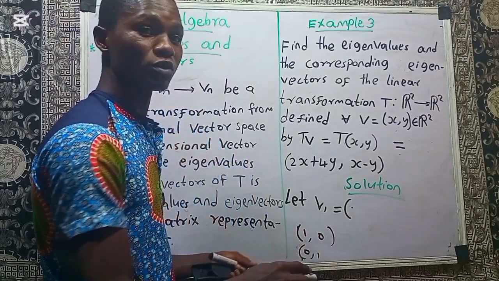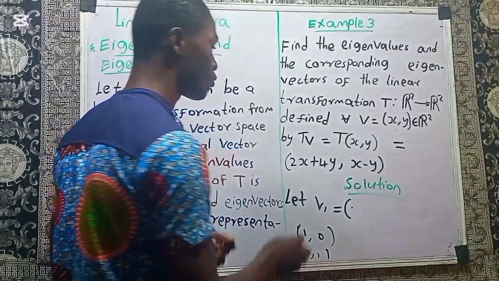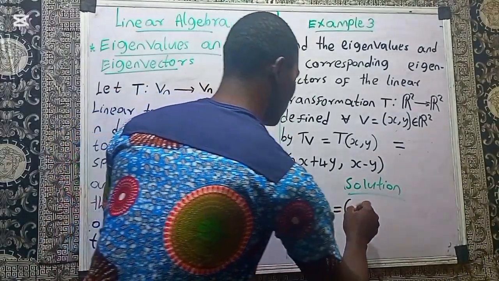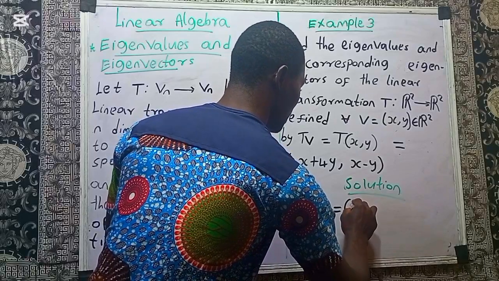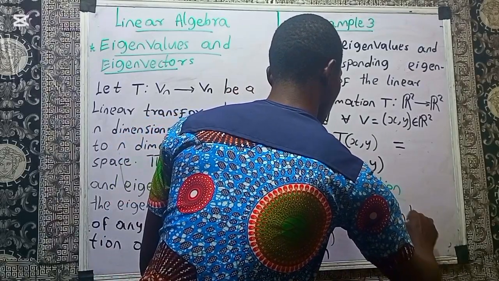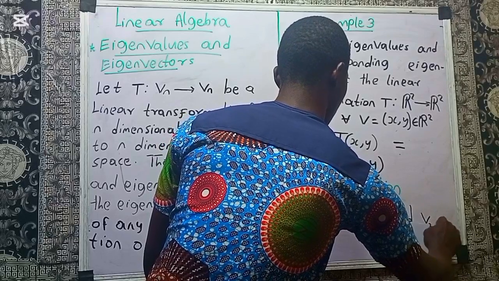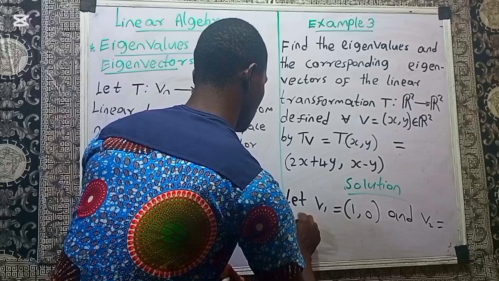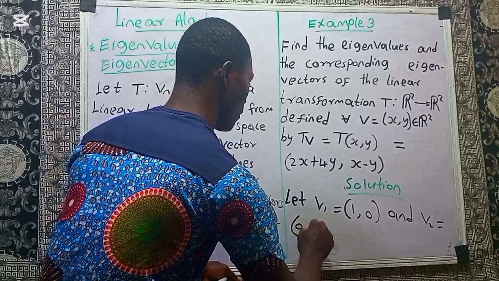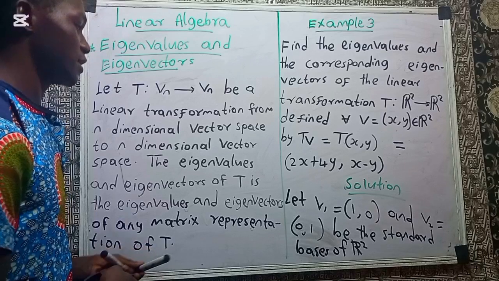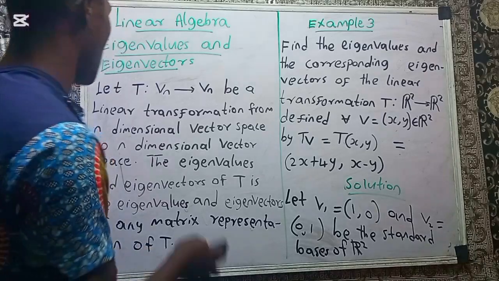So these are the two standard basis vectors for R2. So let V1 be the first, with entries 1, 0, and V2 the second standard basis vector, which will have entries 0, 1. So let V1 and V2 be the standard basis of R2.